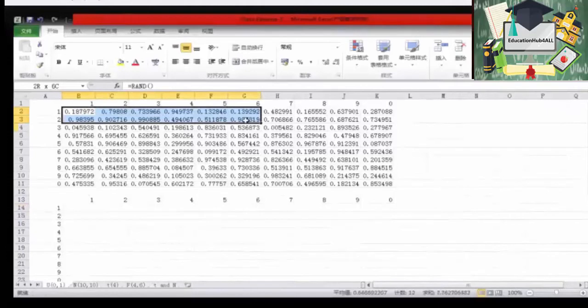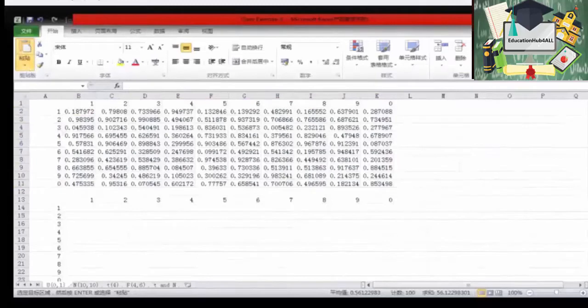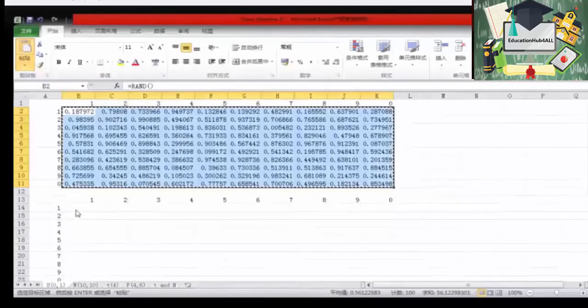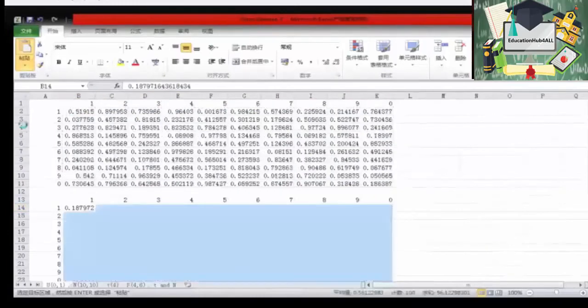You select the 100 cells with the formula, and then you press Control C, and paste here. Paste also has a lot of options. So here we just use paste as value. We select the first place we want to put the value, and then paste the value.